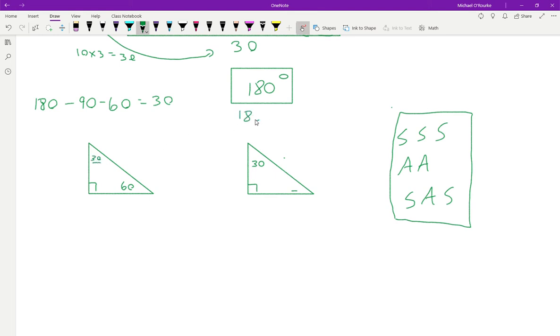For this one, it's going to be 180 minus 90 minus 30, which equals 60. Right? Therefore, we have the same angles here, the same angles here, so I can tell you that these are similar.